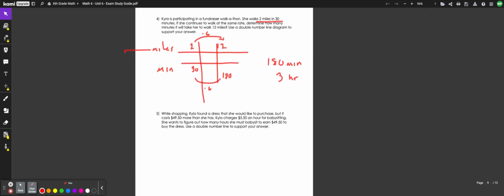We're now told that Kyla, while shopping, found a dress that she would like to purchase, but it's $49.50 more than she has. Kyla charges $5.50 an hour for babysitting. She wants to figure out how many hours she must babysit to earn $49.50 to buy the dress.